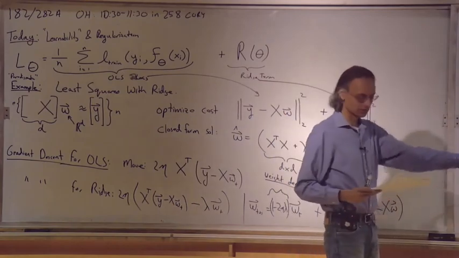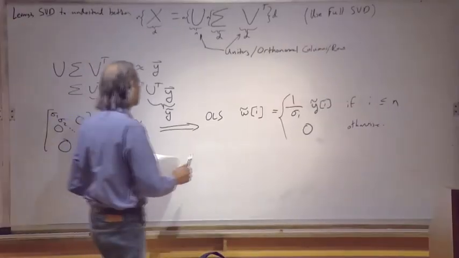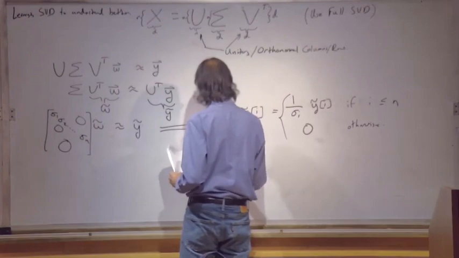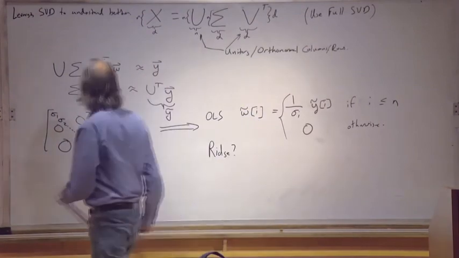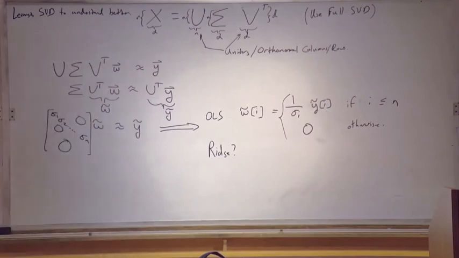So this is the OLS solution. What's the ridge solution? For this, I'm going to talk fast. You need to work this out for yourself if this is not clear to you.